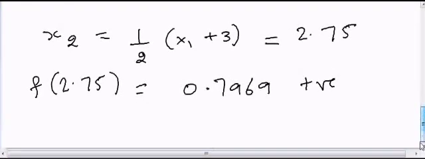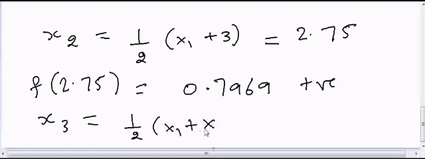So in this case I will go for one more approximation, and I'll say x3 is equal to 1 by 2 of x1 plus x2, and that will be equal to 2.625.